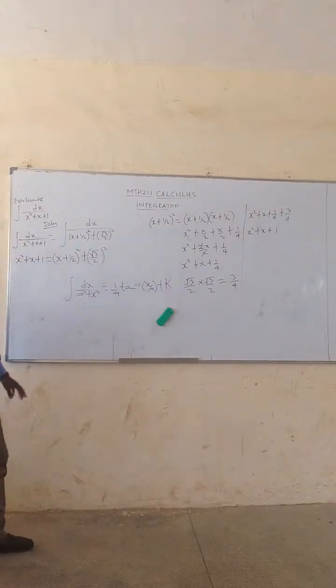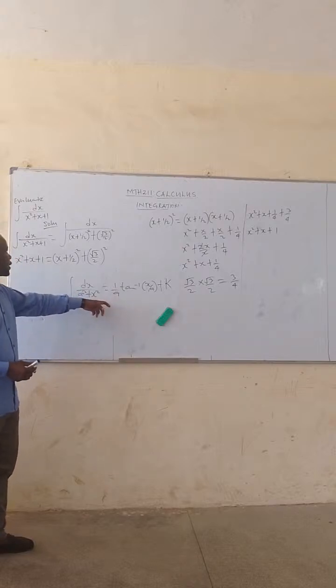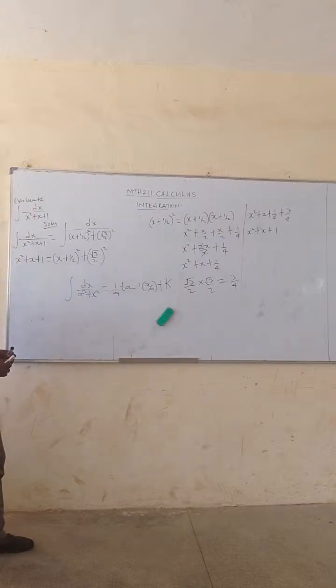Okay. So look at it. So if we are to integrate this, it means we are going to have 1 all over this. True or false?